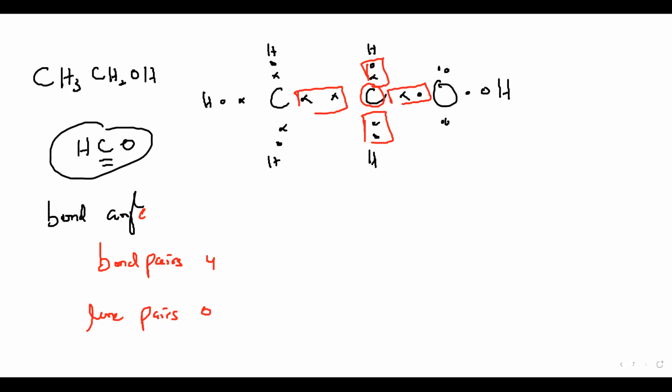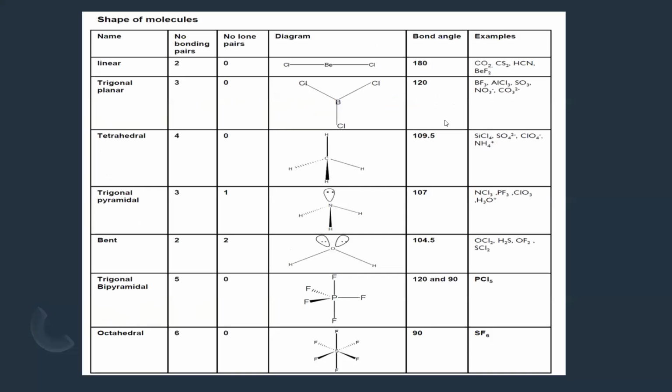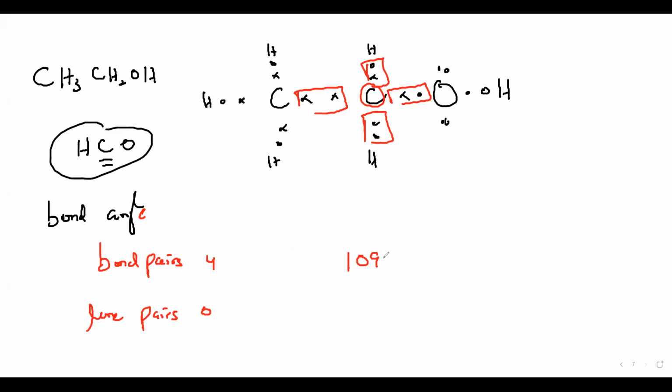So what is the geometry of this molecule when 4 bond pairs are there and there is no lone pair? It will be tetrahedral with a bond angle of 109.5. So we'll mention it will be tetrahedral with a bond angle of 109.5.